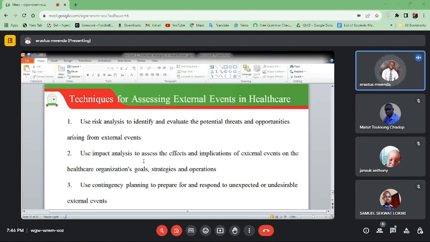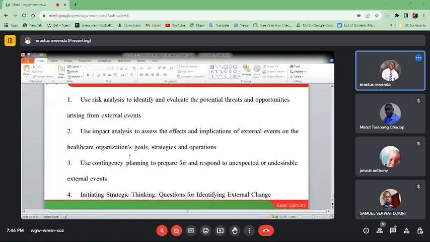And finally, we could do contingency planning. When you are doing contingency planning, it is going to help us safeguard patients' care, protect staff, and maintain levels of integrity.